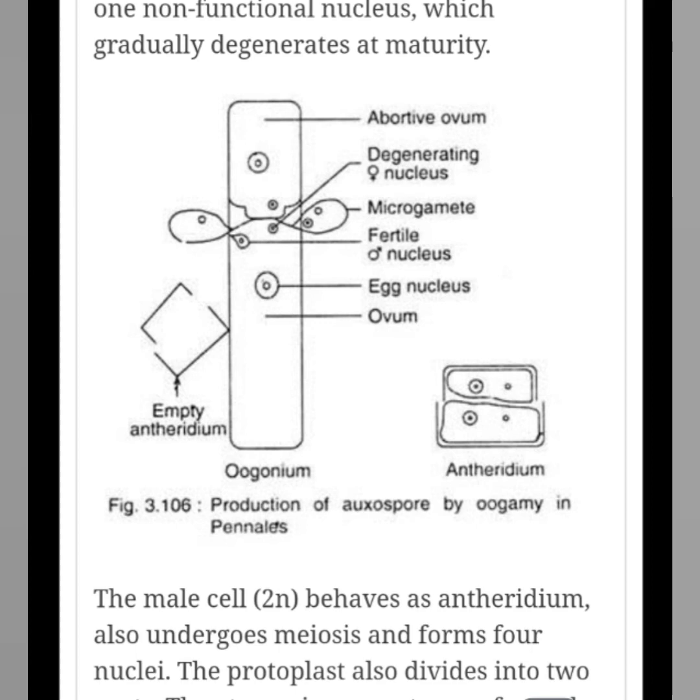And later on, the male cell, you can see the antheridium in figure B here, also undergoes meiosis. Again it forms four nuclei, and the protoplast in the antheridium divides into two parts, thus two microgametes are formed.